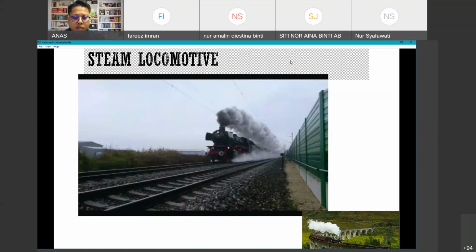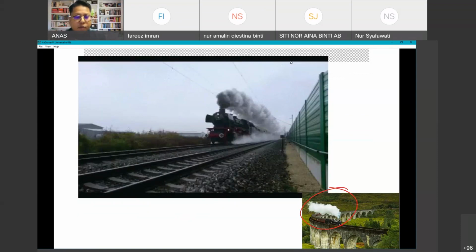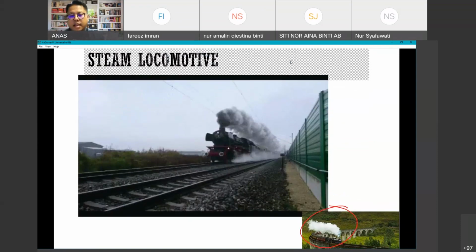If you see one, it's probably from Harry Potter, for example, the one on the bottom right here. They use it for leisure and exhibition, not as the main mode of transportation anymore. But the steam locomotive basically utilizes the concept of the Rankine cycle.